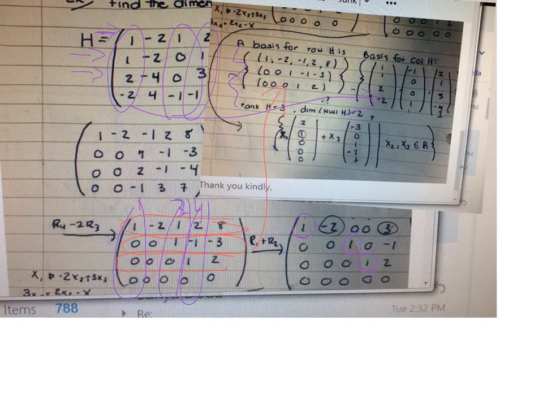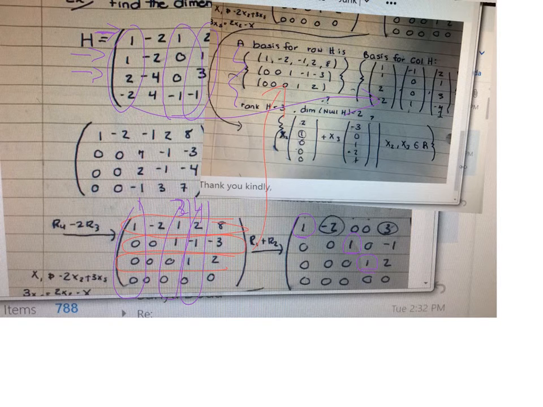I don't know if maybe all the numbers weren't copied down correctly because they're not matching up, but that's where those values should come from when you're setting up your basis for your row and for your column, okay? Because there are 3 rows that have the pivot values, our rank is 3 and our dimension for H is 3.